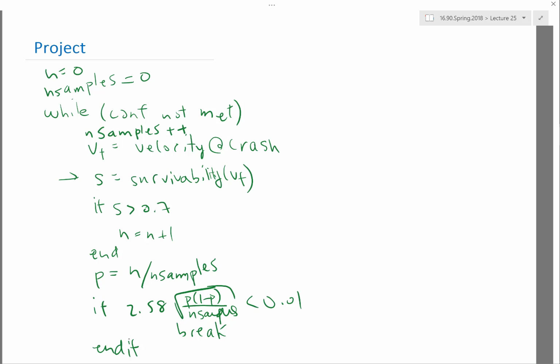Can you repeat how you're actually computing whether your confidence is met? For the estimation of the standard deviation, I run it several times and observe the result.